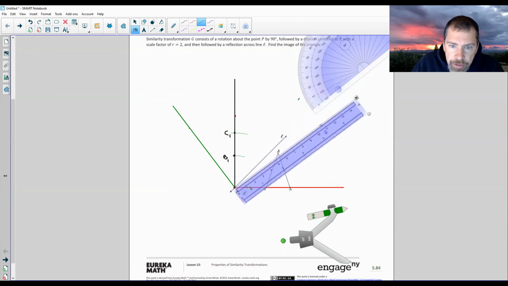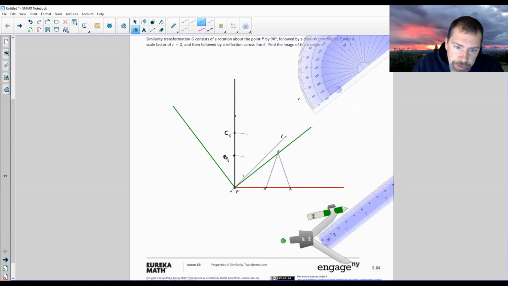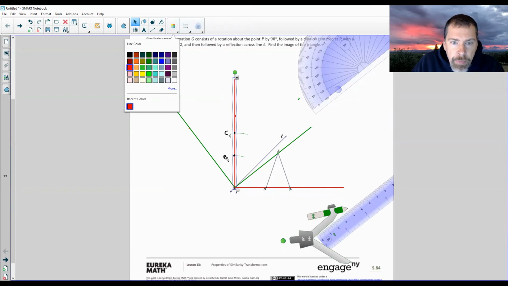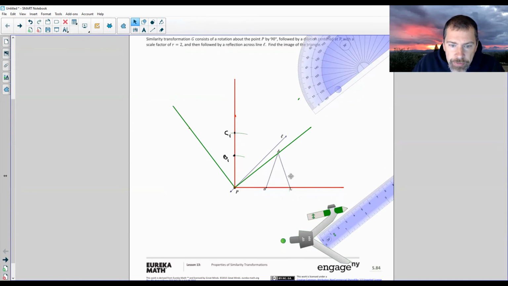The 90-degree angle is with A. So this is the 90-degree angle I just created, that green one. And I should make this red. So this red angle is 90 degrees about P with B and C on this ray and B1, C1 on this ray. And then I made this right angle of the green one where it's going through point A.